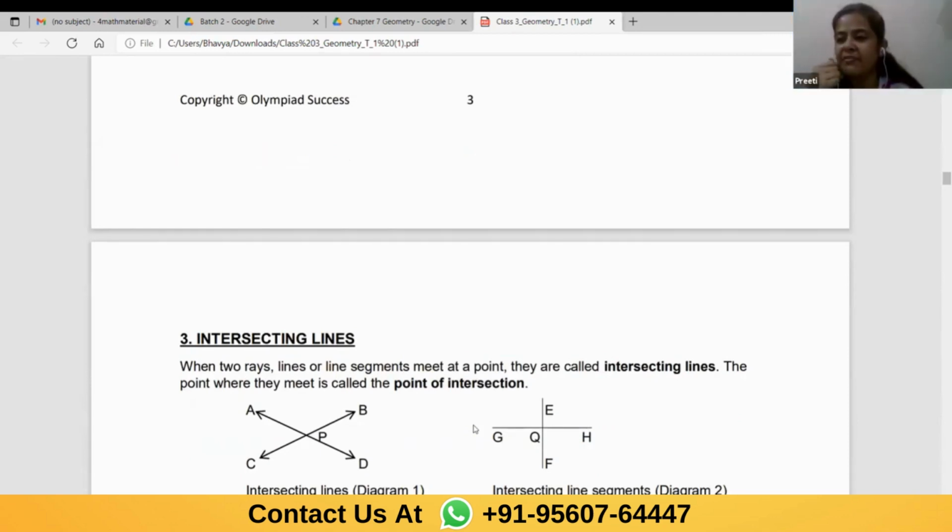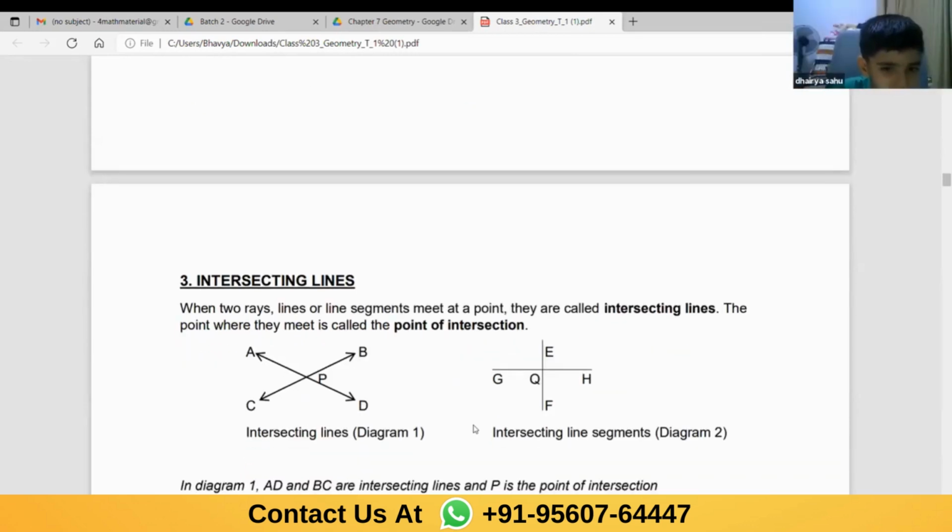For example, alphabet A is made up of straight lines. B is made up of straight and curved. C is made up of only curved. D is made up of straight and curved. S is made up of only curved. Right? Okay, ma'am, I got it now. Which one is made up of straight lines?